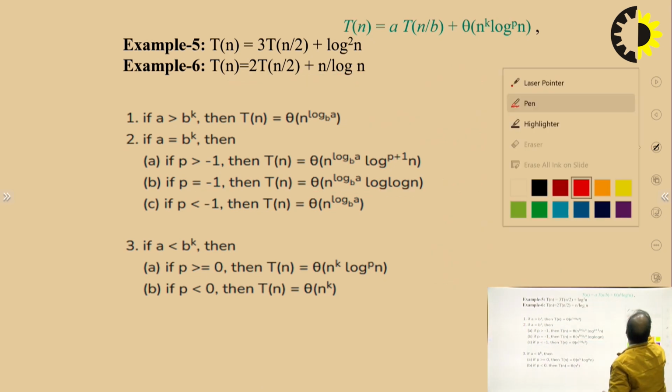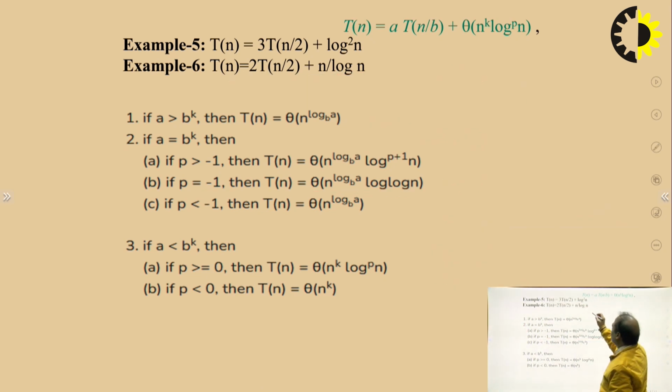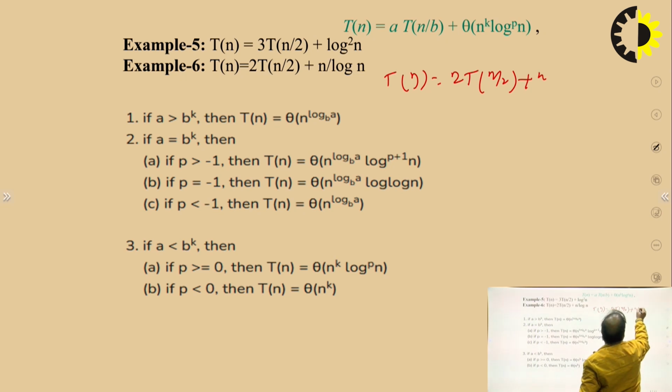Okay, let's have another example of this series. Suppose we have this question. T(n) is 2T(n/2) plus n divided by log cube of n, right? And where the base is 2.